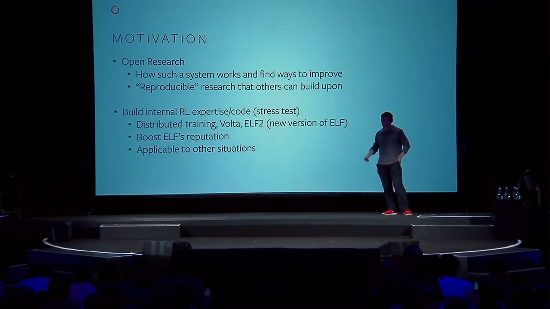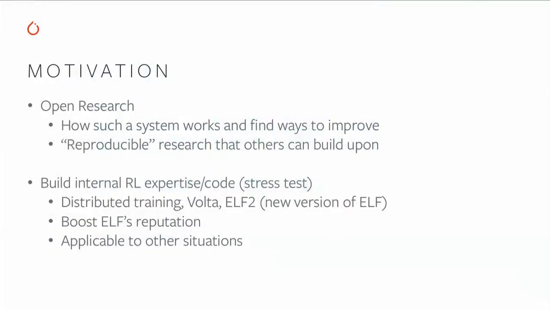OpenGo is basically a reproduction of AlphaGo Zero. And people may wonder, why do we want to reproduce DeepMind's paper? I think there are two purposes. One purpose is that we want to understand why such a system actually works and how it works, in which situations it will work better than in others.